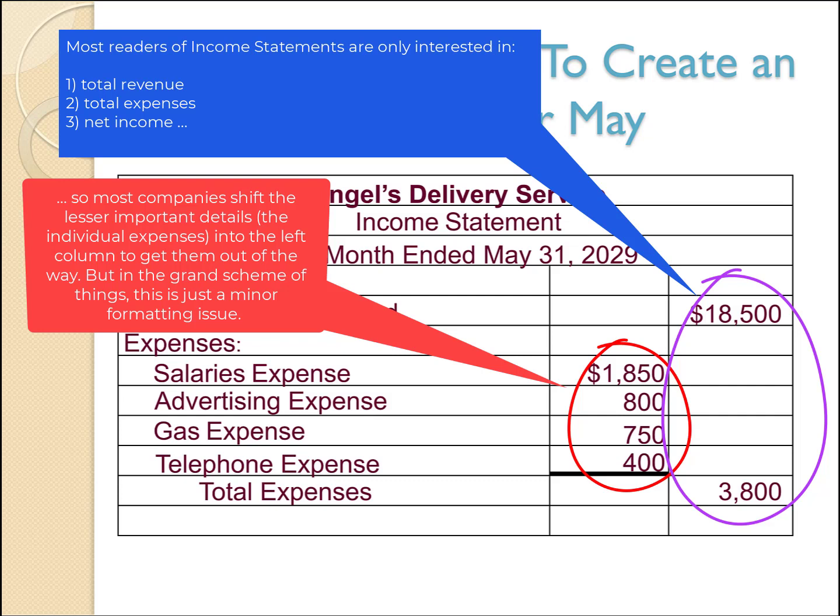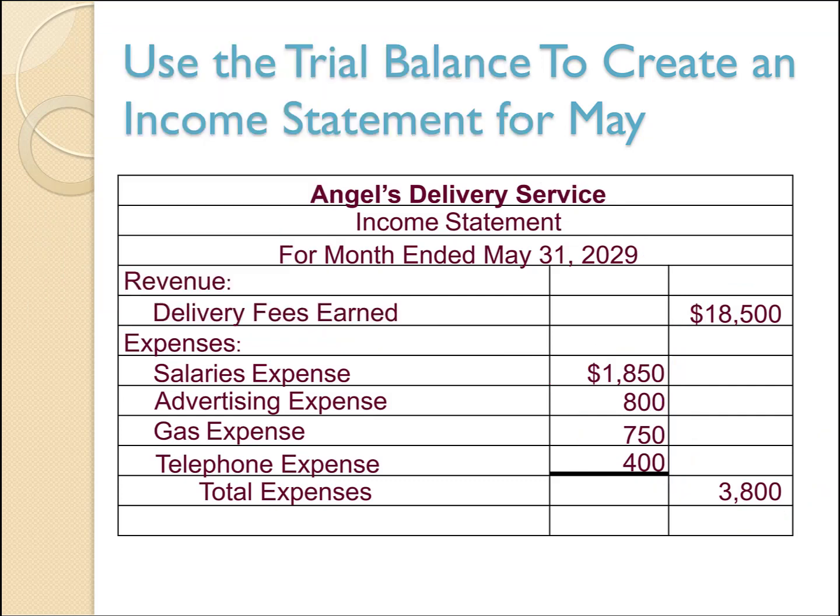So now, what's the formula for the income statement? It's revenue minus expenses. So because we're going to do a mathematical operation, we put another thick underline, and then we're going to take 18,500 minus 3,800 gives us our net income. So let's put the label, and they have it over on the far left.